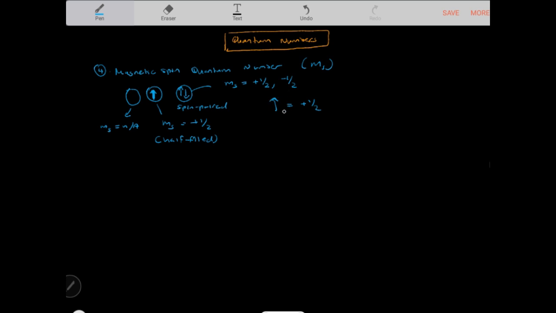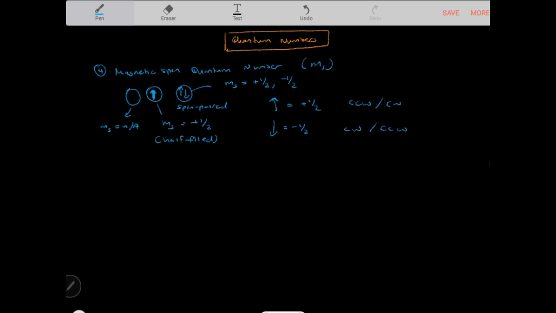It just means that if this is clockwise, then this is counterclockwise, or if this is counterclockwise, then this is clockwise. That's literally all that it mentions. But if you see an orbital that has both of these values, that means that the orbital is spin paired. Okay? So the magnetic spin quantum number just shows you if the orbital is empty, half-filled, or spin-paired, right?